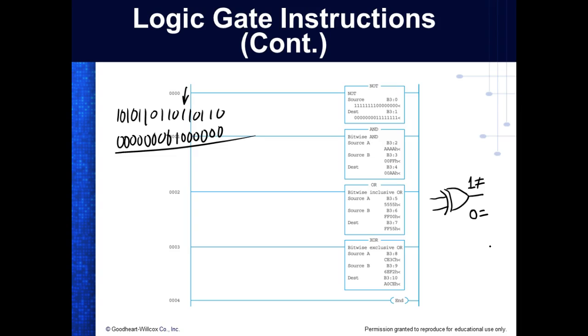So here they're taking 3E, 3C, and then we're exclusive ORing it with F2.